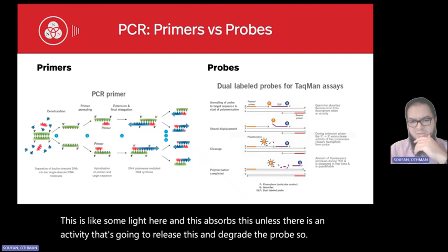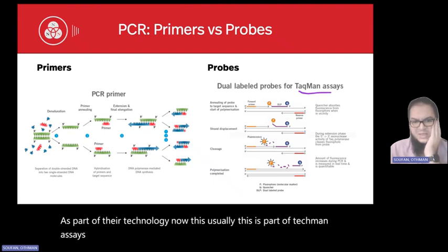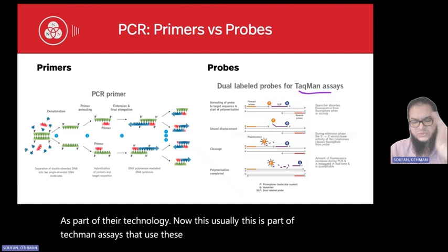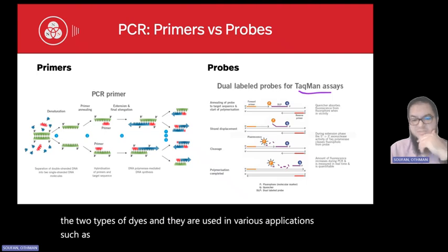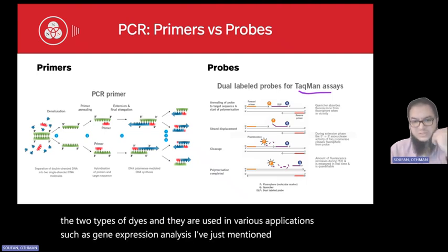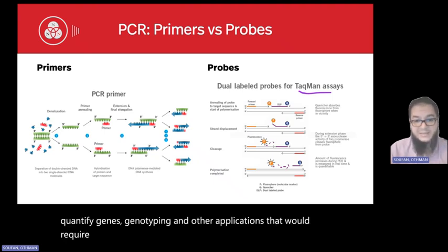As part of the technology, this is part of TaqMan assays that use these dual labeled probes. So they have two types of dyes, and they are used in various applications such as gene expression analysis, as I've just mentioned, trying to quantify genes, genotyping, and other applications that would require high sensitivity.